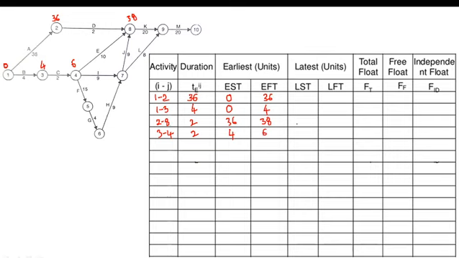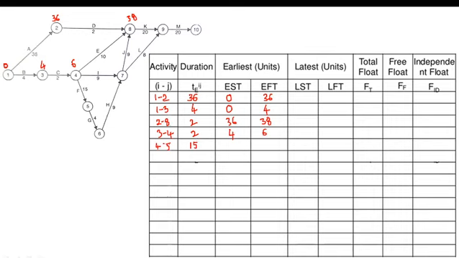Now after 3 to 4, let us consider activity 4 to 5. What is the duration of activity 4 to 5? Look over here, the duration is 15 days.